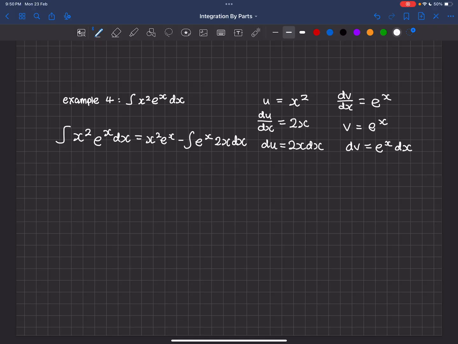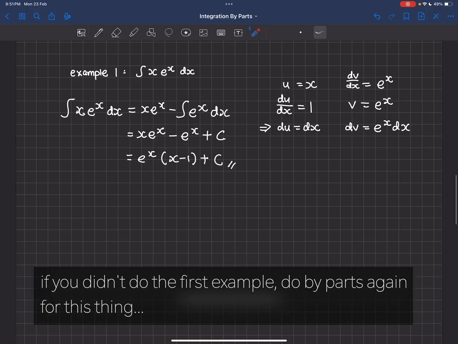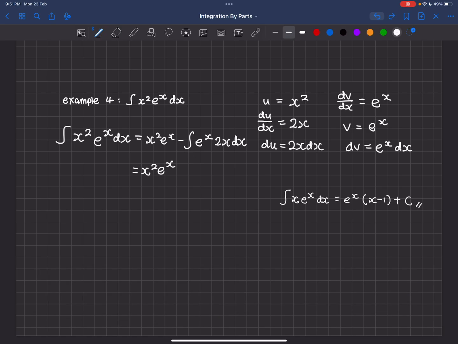So, okay, left-hand side looks good. Let's look at the right-hand side. Well, we can't really do this, right? But from our first example, we did something like this, and we got this result, right? So let's just copy that. So this, we can take out the 2, right? We can take out the 2 in front. So let's rewrite it as negative 2 x e^x dx.